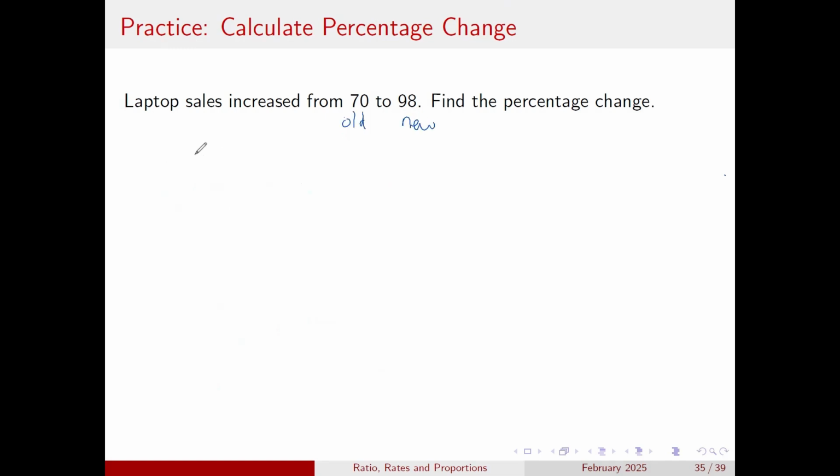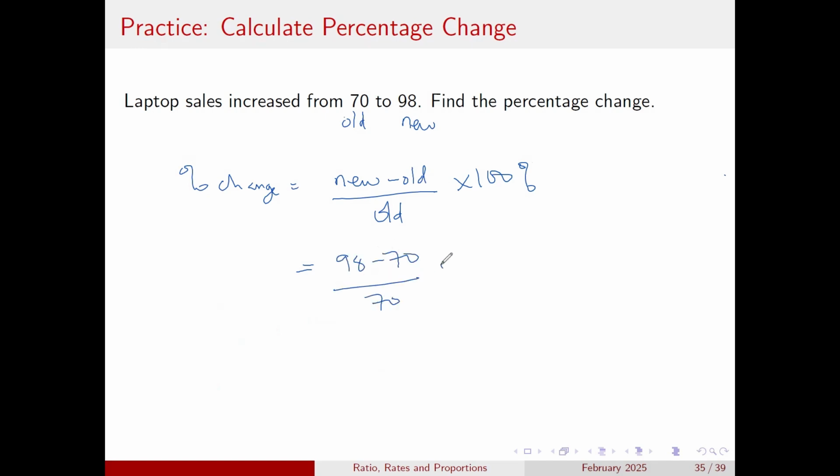Therefore, the percentage change is the new value minus the old value, or simply the difference between the new and the old, all over the old value. Sometimes you call the old value the original value, times 100%. And this is equal to 98 minus 70 for this example, all over 70 times 100%.